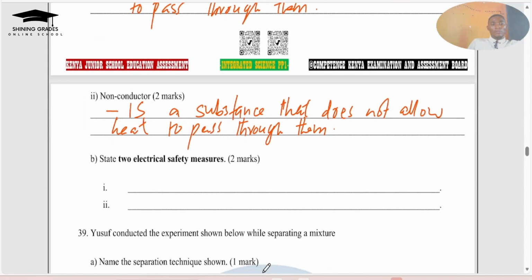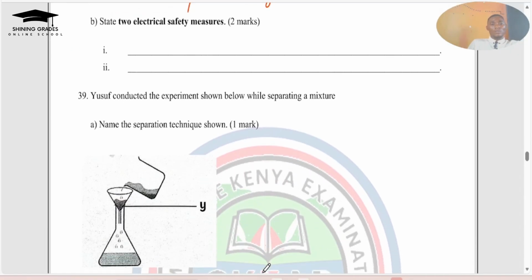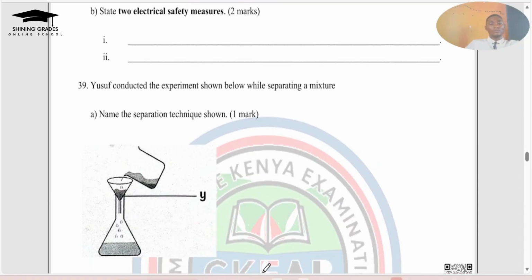We have part B of this question. State two electrical safety measures. What are some of the electrical safety measures? Question 38. What are we supposed to do? Do not touch live wires.